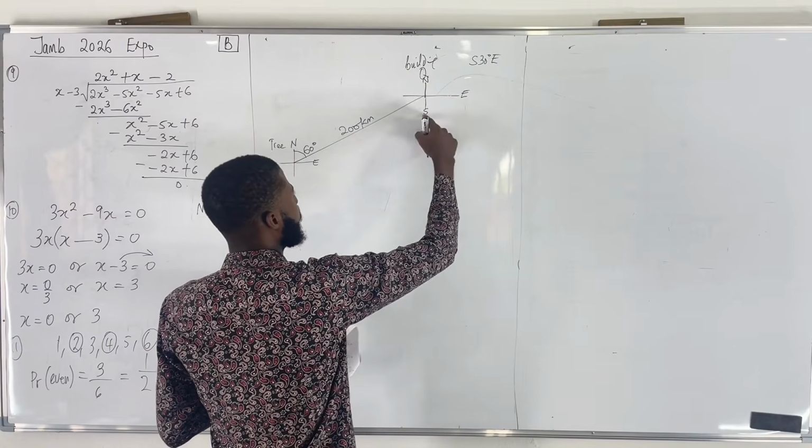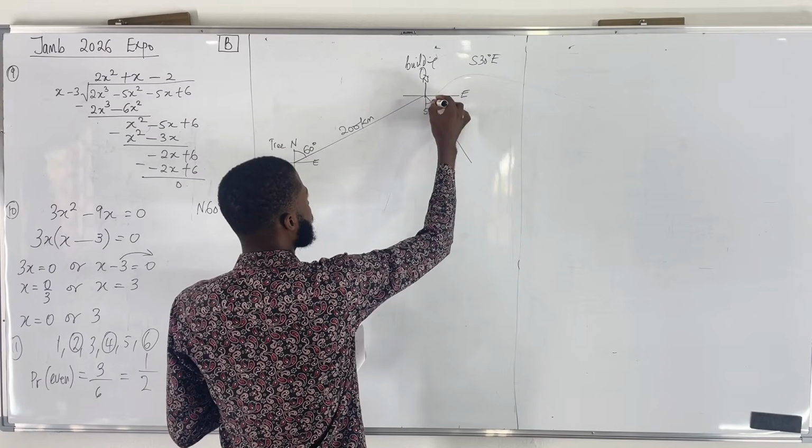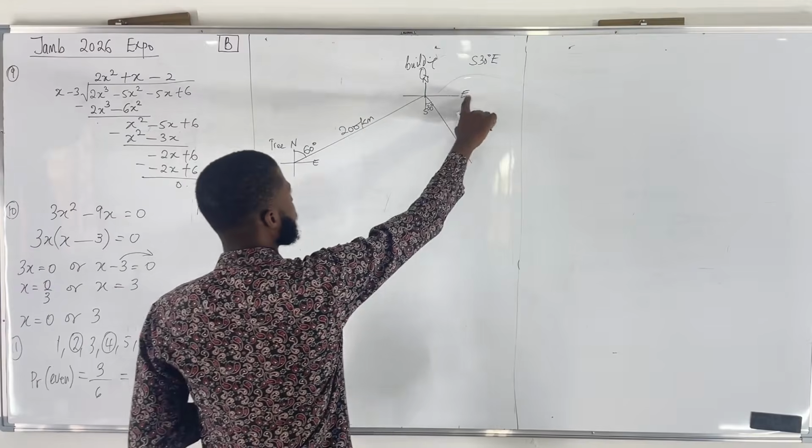This is the east, so from the south, I'm moving 30 degrees, so this will be 30. All right, this is the right diagram because it says south east.